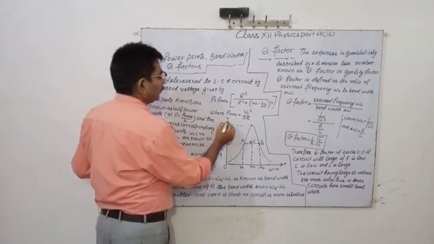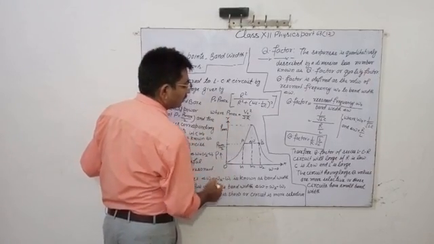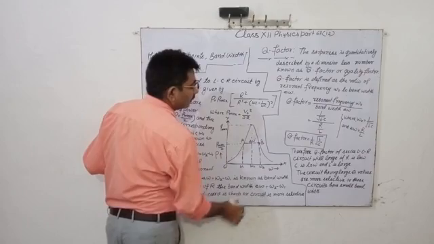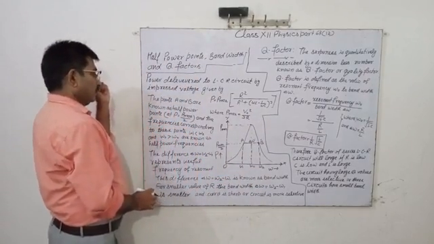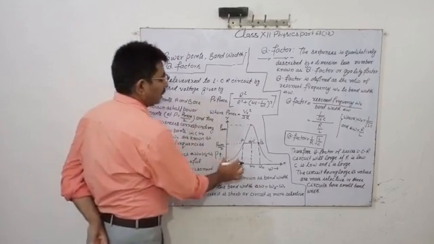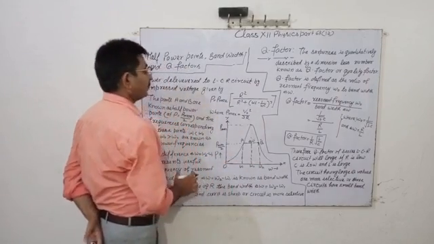We draw the graph between the power and the angular frequency omega, as shown in the figure: variation of power with angular frequency omega.